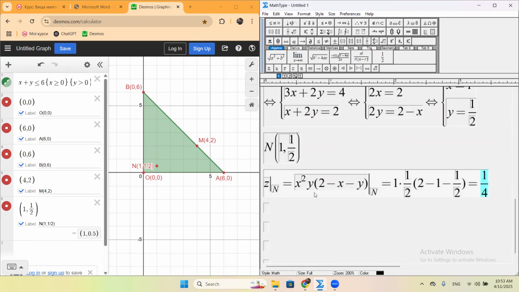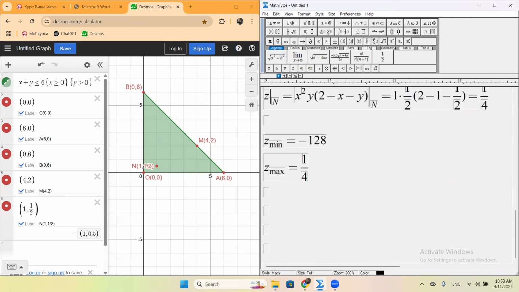And the largest value seems to be 1 over 4. So the final answer will be the following: z minimum equals minus 128, and z maximum equals 1 over 4. So this is the final answer, how it must be written.